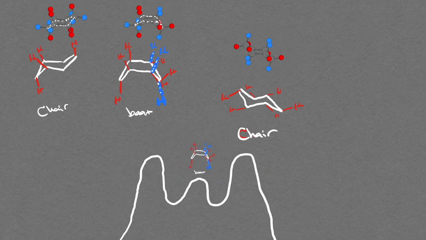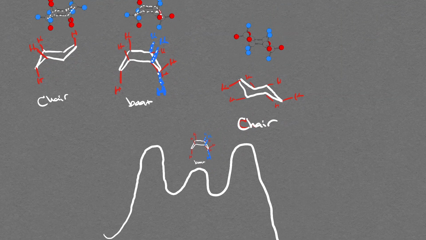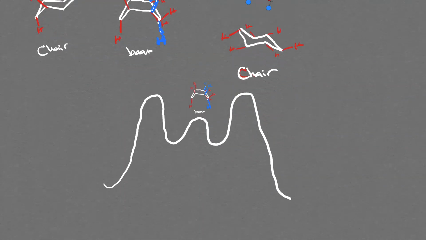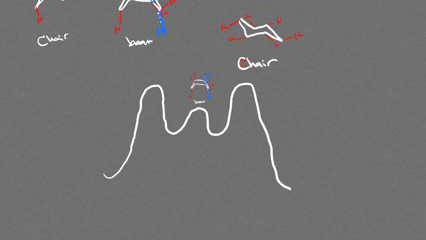So your boat actually ends up being here, and then your two chair configurations end up being on the other sides of these. And so that's one chair configuration, and I've drawn that to look a little uneven, but the other chair is exactly the same. So you'll have to forgive me.